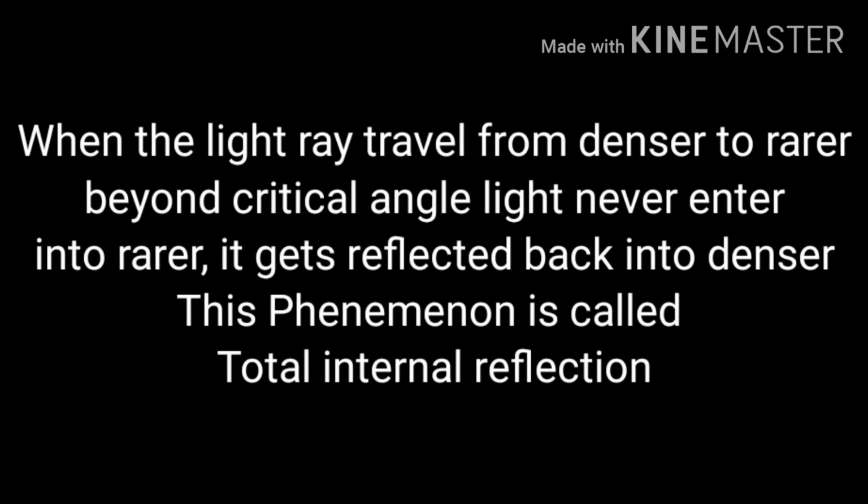See the definition of total internal reflection. The definition of total internal reflection is when the light travels from denser to rarer beyond the critical angle, the light never enters into the rarer. It again enters into the denser. This phenomenon is called total internal reflection.